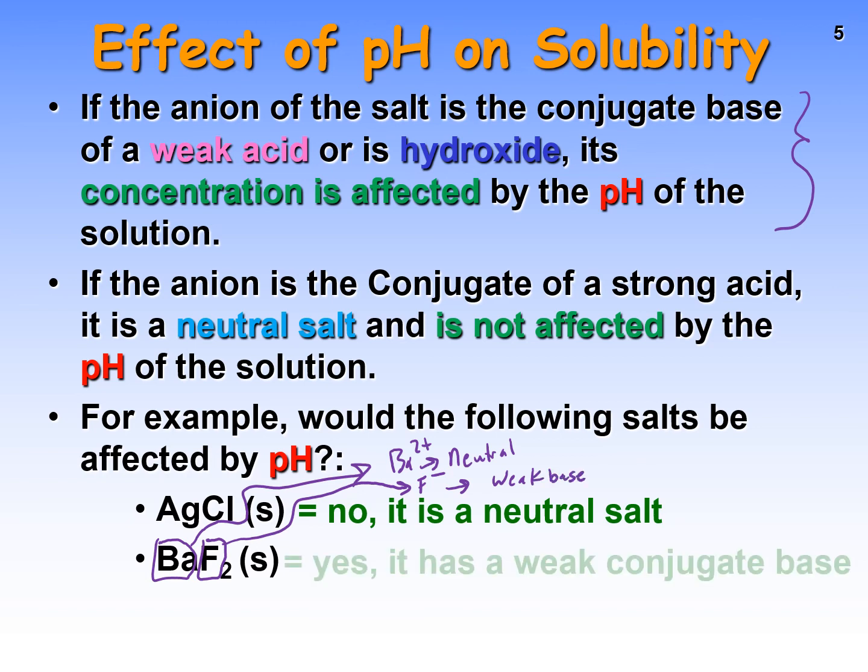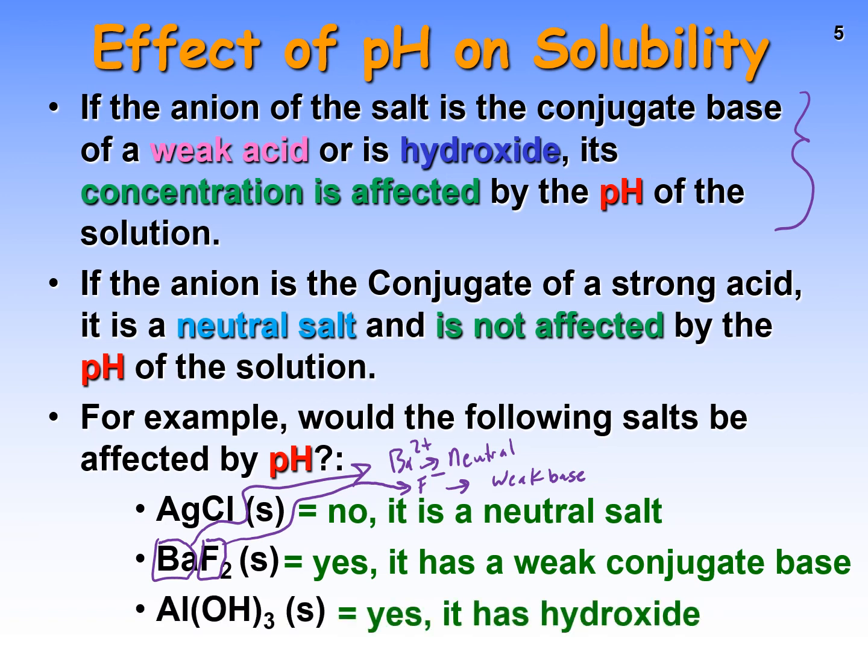That makes this salt a basic salt, so its solubility is definitely going to be affected by pH. If we look at aluminum hydroxide, absolutely this thing is going to be affected by pH because we have hydroxide. That's a dead giveaway. Anytime you see OH-, the solubility of that salt will definitely be affected by the pH of the solution.